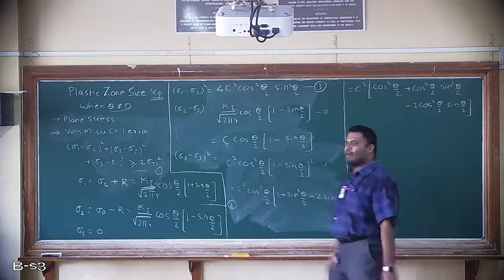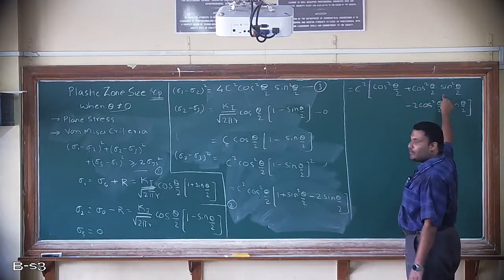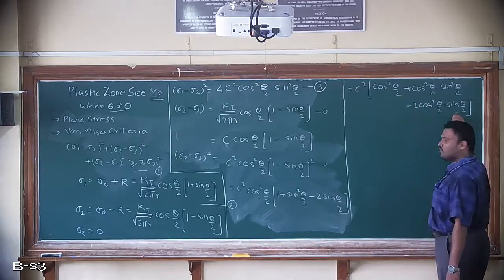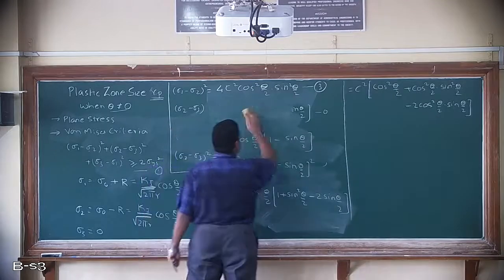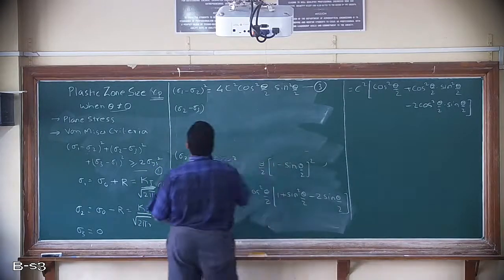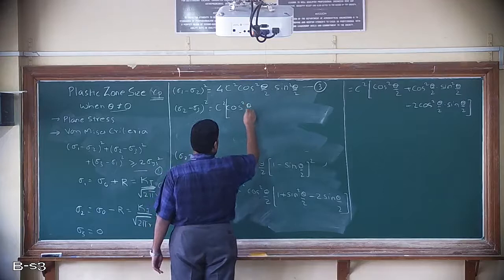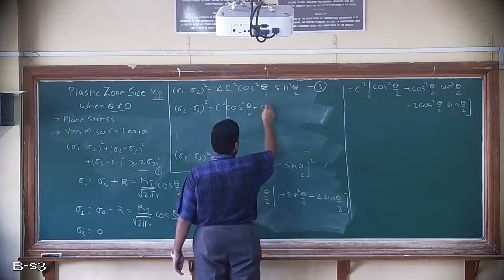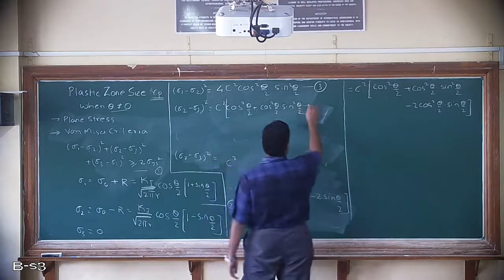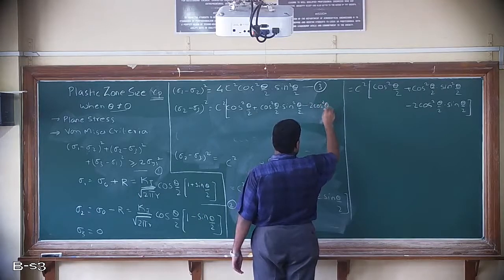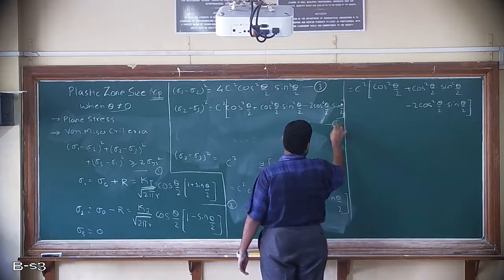So (σ2 − σ3)² will be C² [cos²(θ/2) + cos²(θ/2) sin²(θ/2) − 2 cos²(θ/2) sin(θ/2)]. So this will be equation number 4.